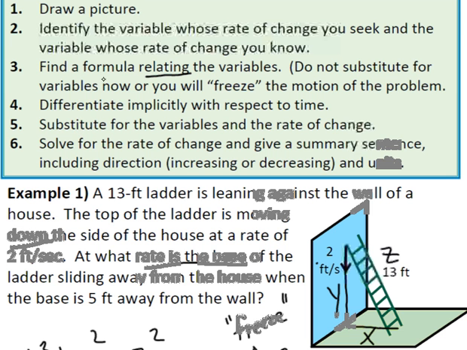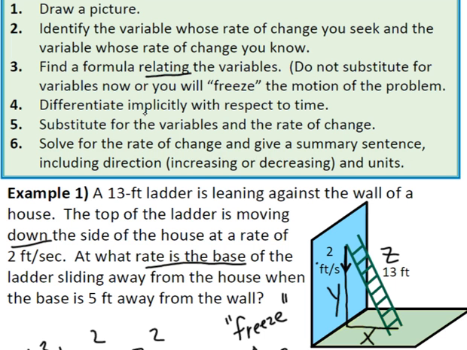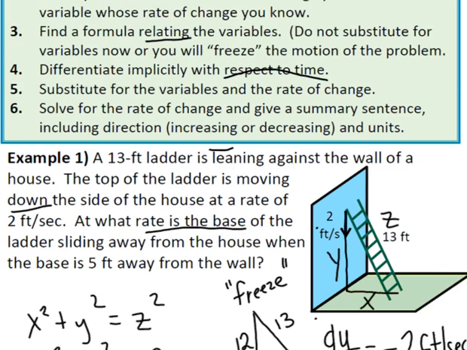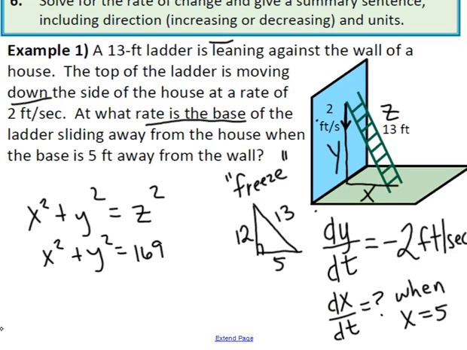We found the formula. Now it says differentiate implicitly with respect to time. It says implicitly because we're taking the derivative with respect to time, not with respect to x or y. So now we have both an x term and a y term that we're taking the derivative of with respect to time.